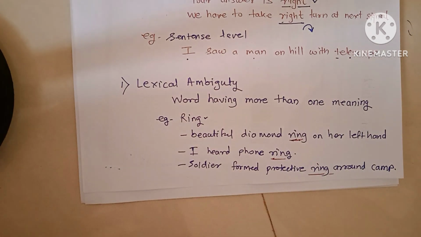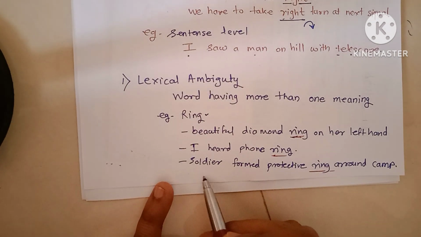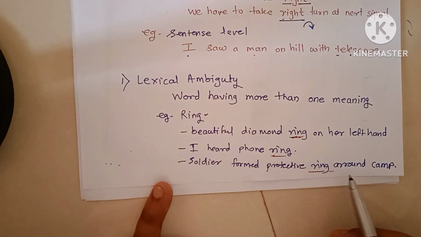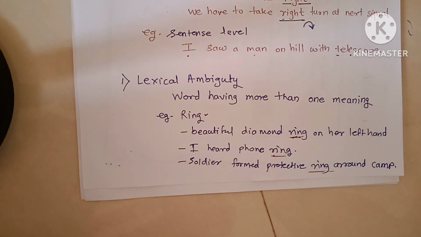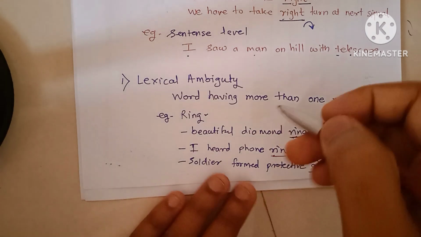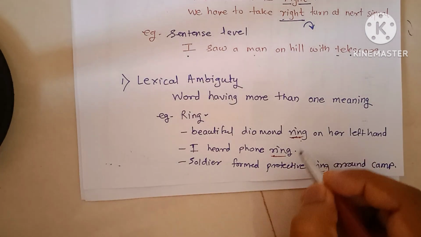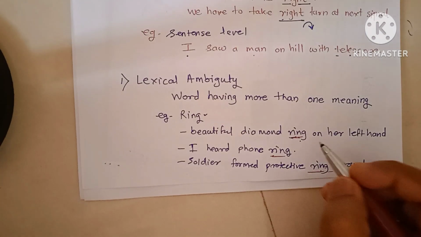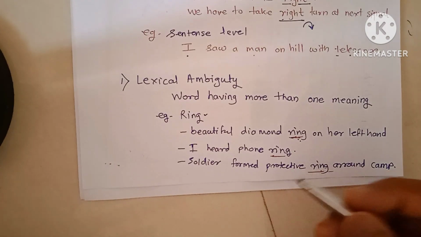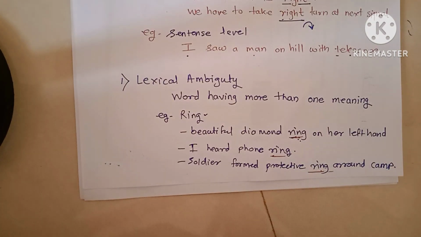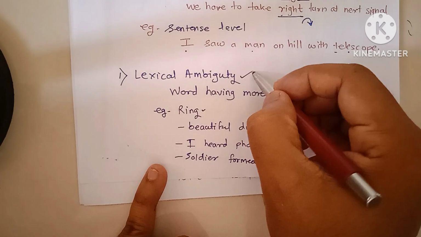And the third one is: soldiers formed a protective ring around the camp, meaning a protective circle around the camp. So in all these three sentences the word ring is common, but the meaning of that ring is totally different in every sentence. So that is known as lexical ambiguity.